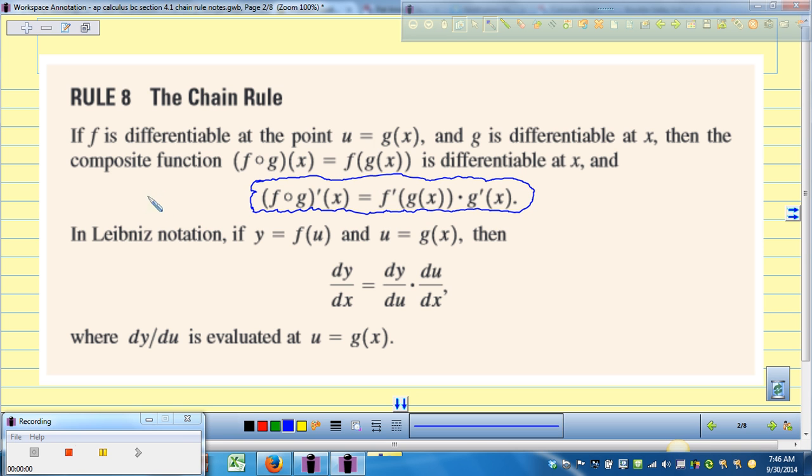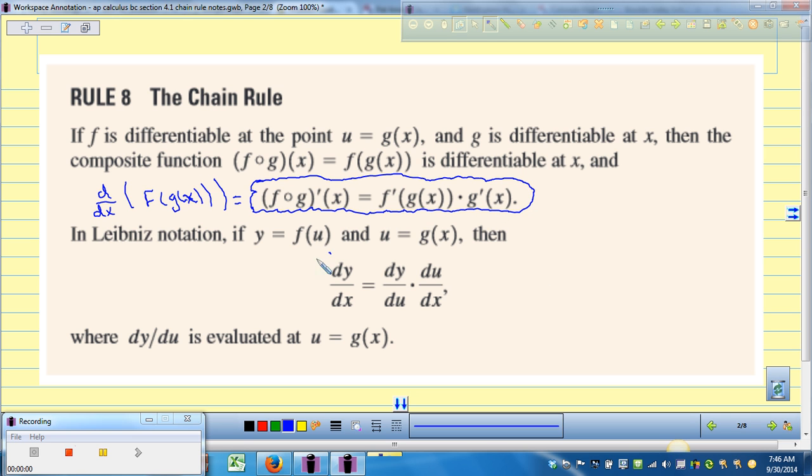The derivative of f of g of x is equal to, the way we write it, f prime of g of x times g prime of x. I tend not to use the open circle notation. I use the common composite notation, f of g of x, like this. And take a look at what we have here, f prime of g of x. Well, that is the derivative of the outside, leaving the inside alone, times g prime, which is the derivative of the inside.